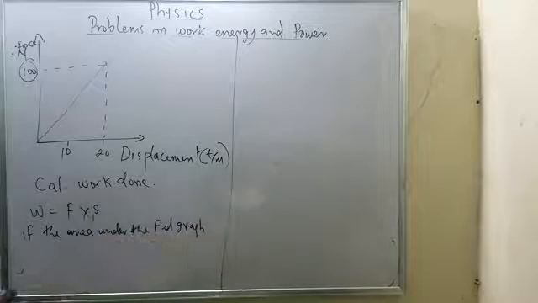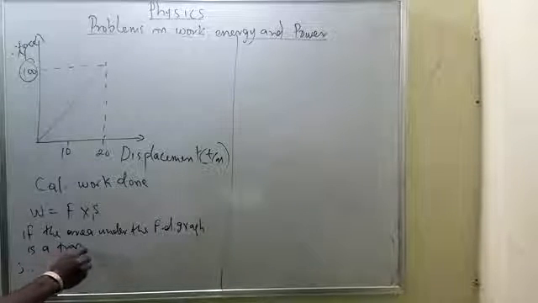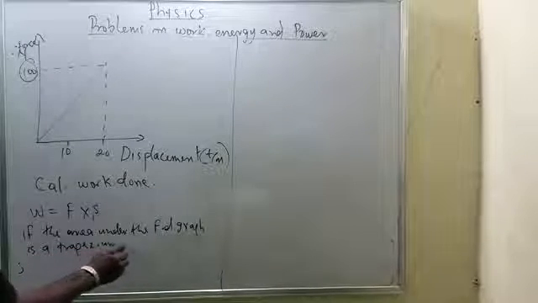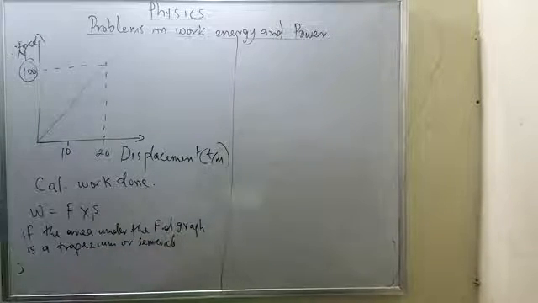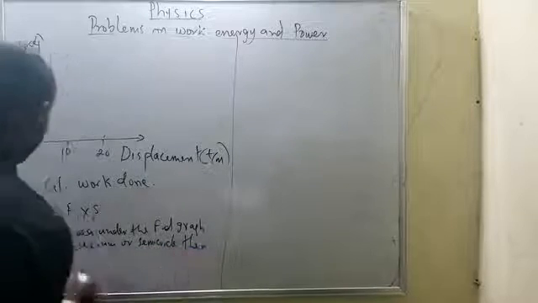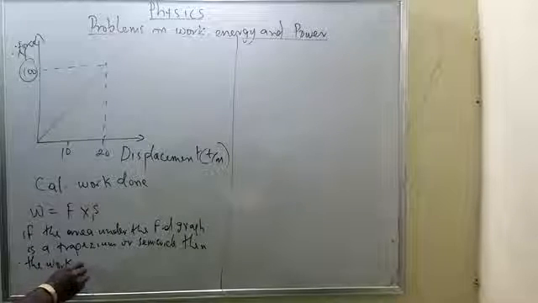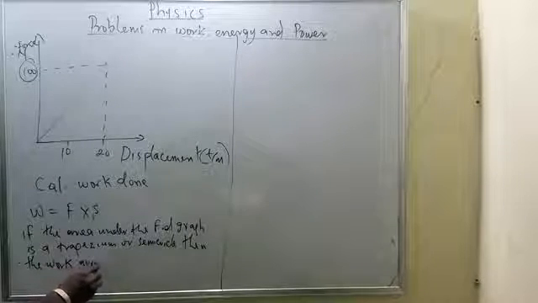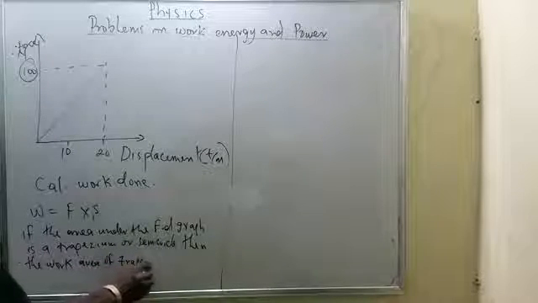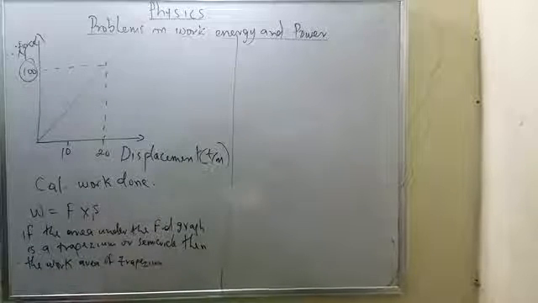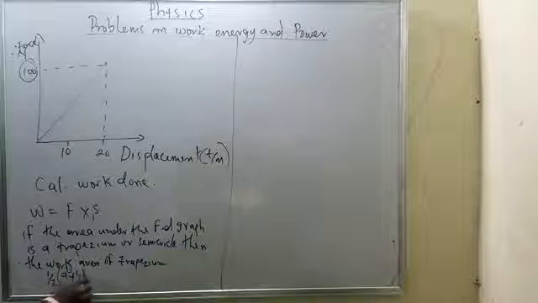If the F displacement graph is a trapezium or symmetric circle, then the work done, the area of trapezium, will be equals to 1 over 2 (a plus b) times h.